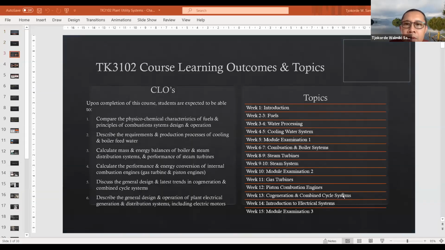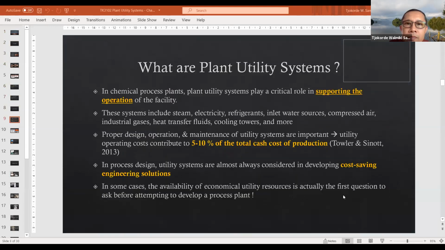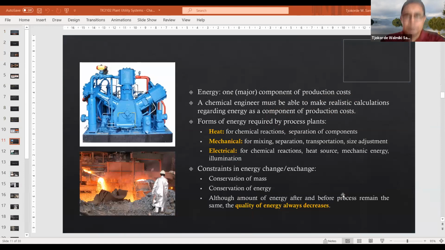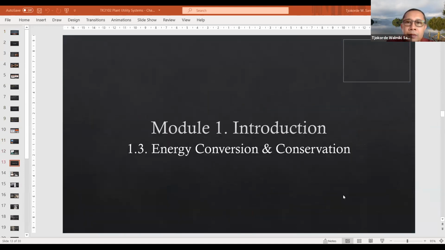Right, so let's get started. Okay, so yeah, we're here right now in submodule 1.3.